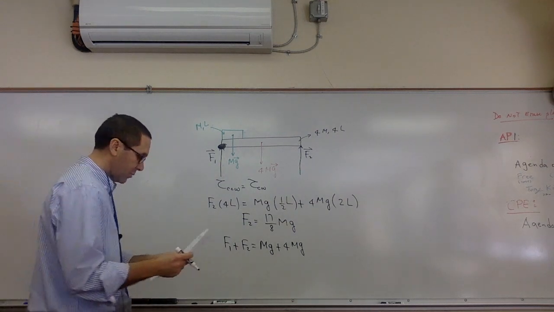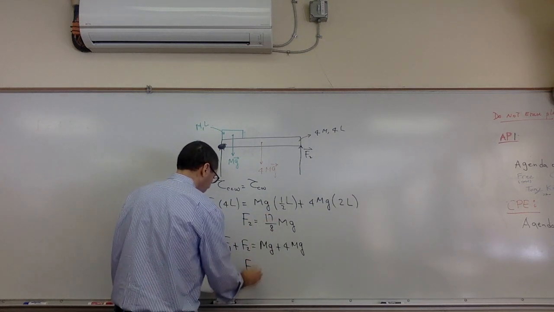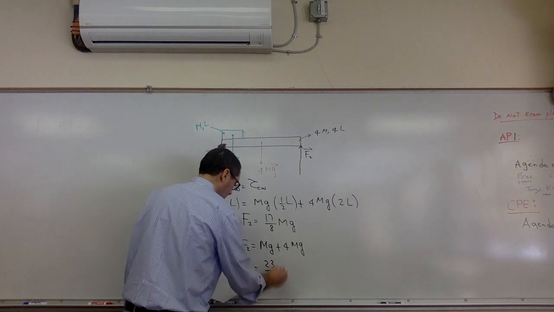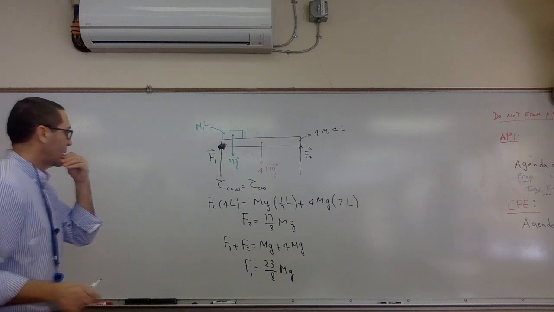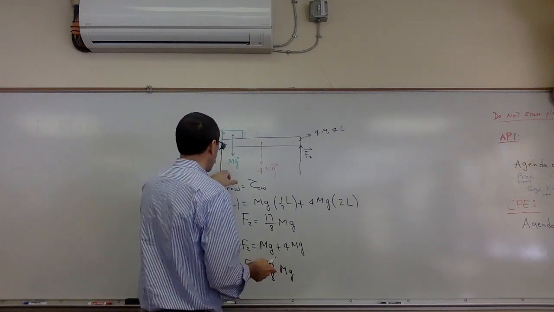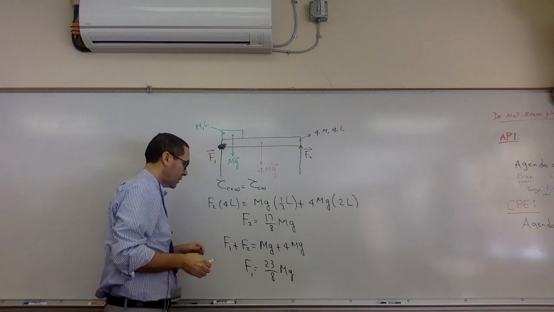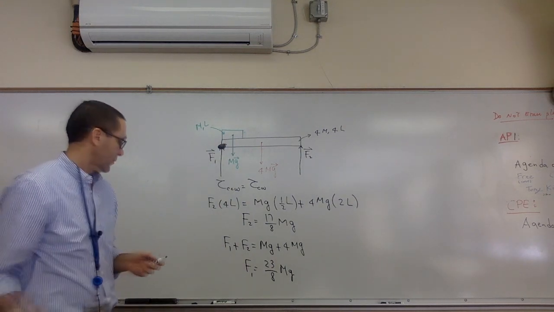So if we do the math correctly here, after we substitute F2, we should get F1 equals 23 over 8 mg. And I think it makes sense that F1 has to be bigger because it has extra stuff close to it, close to the left, so it has to support more.